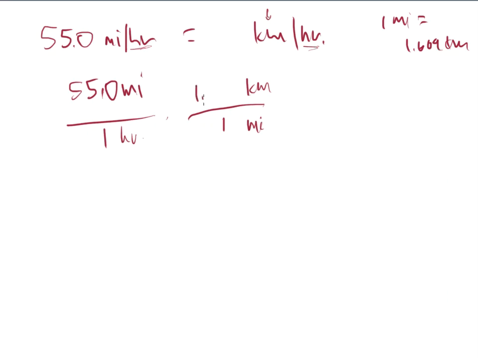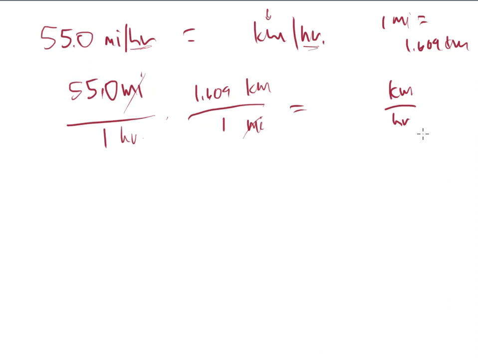So a kilometer has 1.609 in front there. To solve for this, my miles cancel. Kilometers left on top. Hour is left on bottom. Didn't do anything with it. It stayed on the bottom. That's exactly what that problem needs.